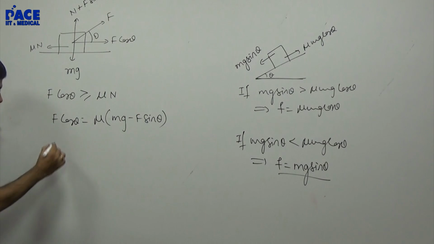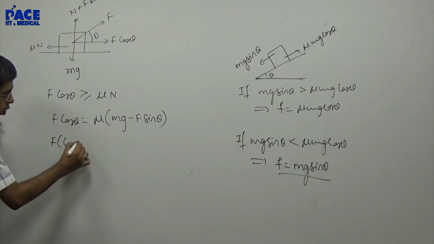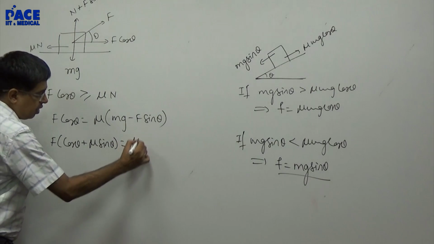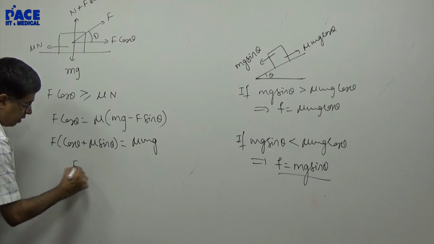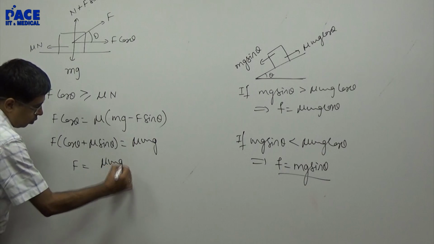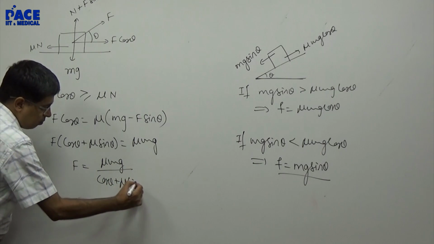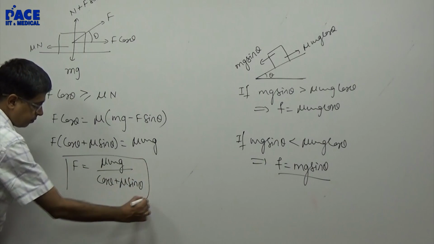Agreed? F into cos theta plus mu sin theta is equal to mu mg. F is equal to mu mg upon cos theta plus mu sin theta.